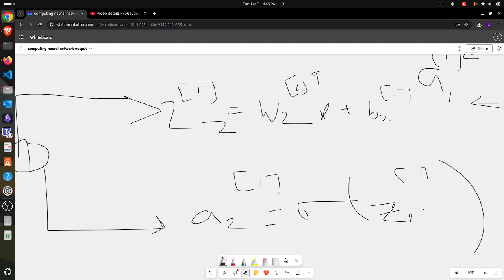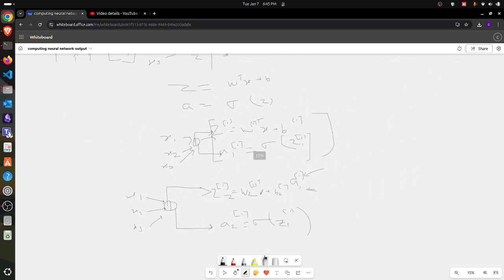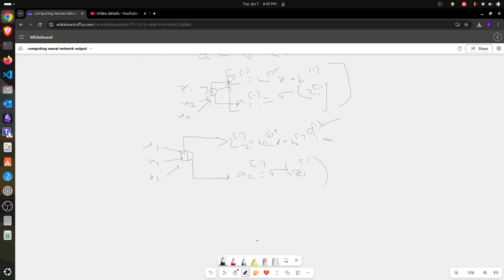So now we're going to look at other super cool things, so you guys can understand. We are going to have 4 equations like these. These are the first 2. Now we are going to have 2 more equations like these.